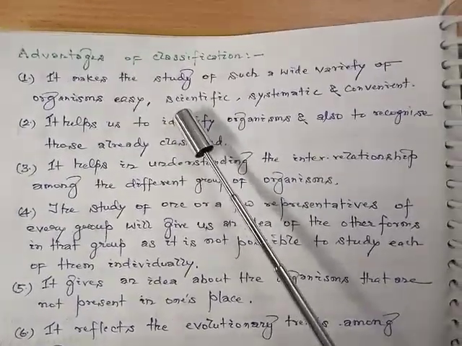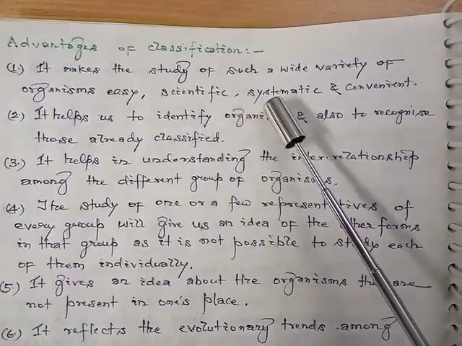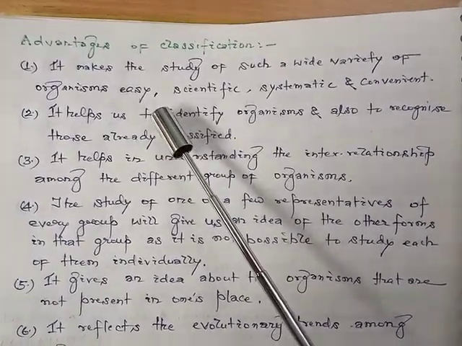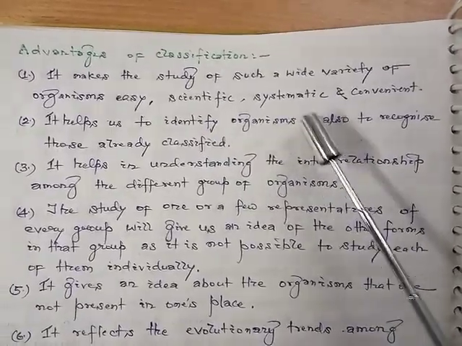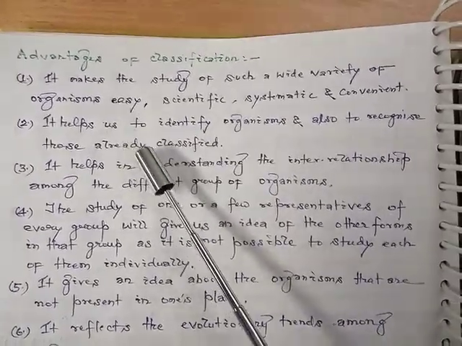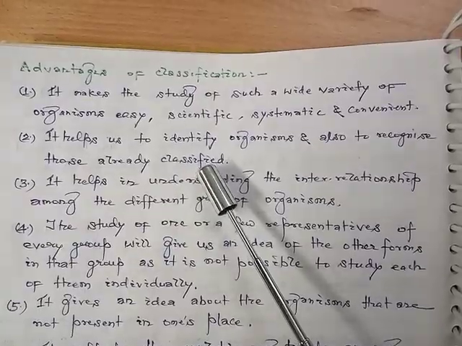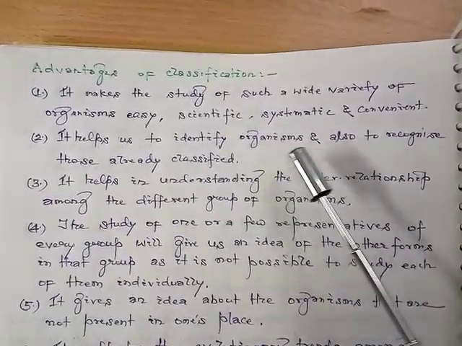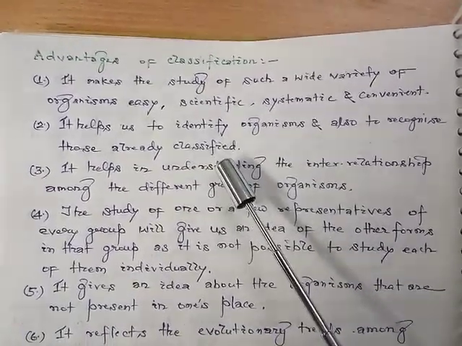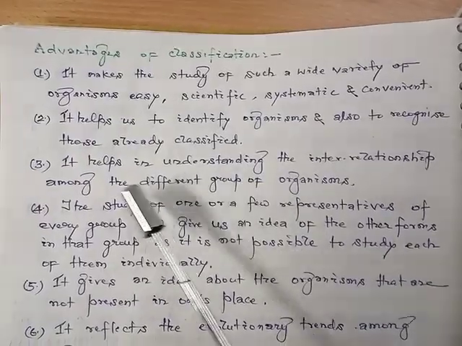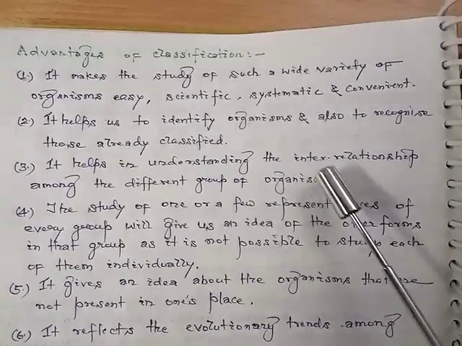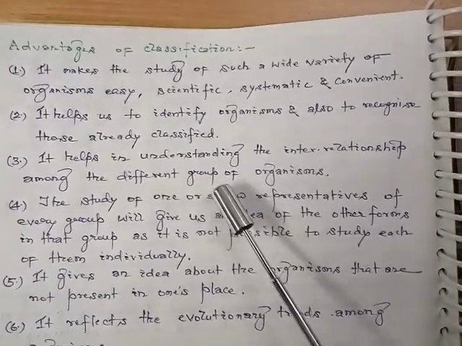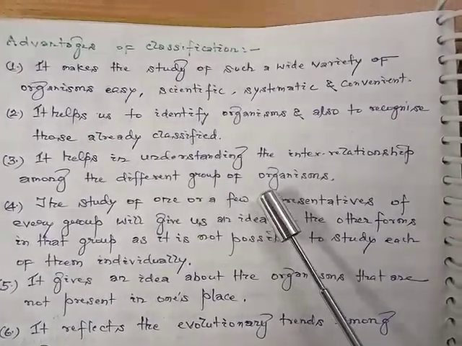First, it makes the study of such a variety of organisms easier, scientific, systematic, and convenient. Second, it helps us to identify organisms and also to recognize those already classified. Third, it helps in understanding the interrelationships among the different groups of organisms.